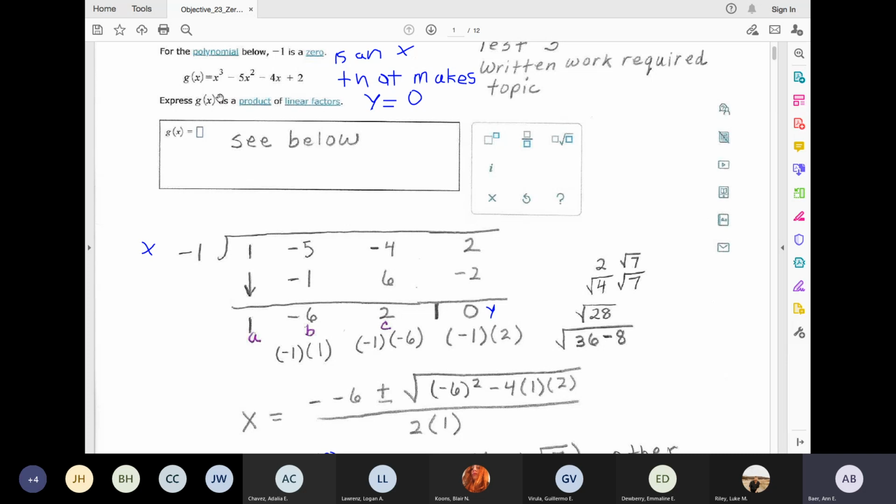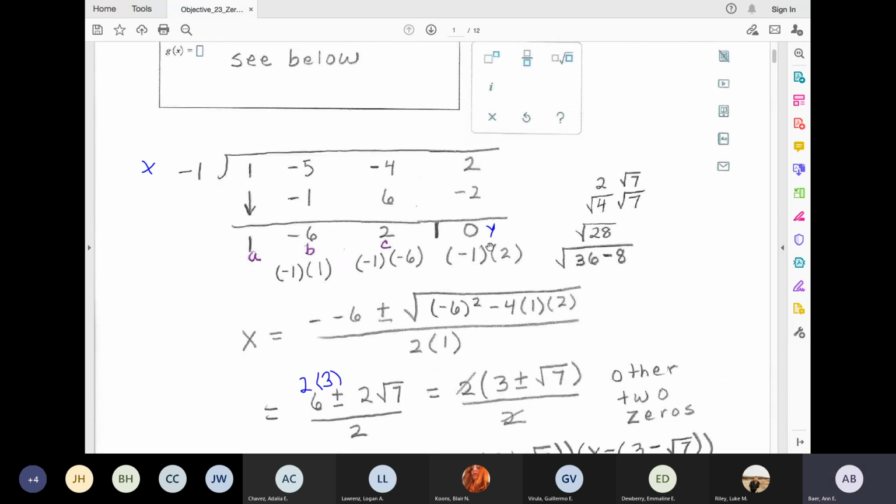So let's look at this. The coefficients across the top: we have degree 3, 2, x to the first, the constant degree 0. They're in descending power order, and we have them all, so we won't have to use any 0 placeholders. So our coefficients are 1, -5, -4, and 2, across the top like that.